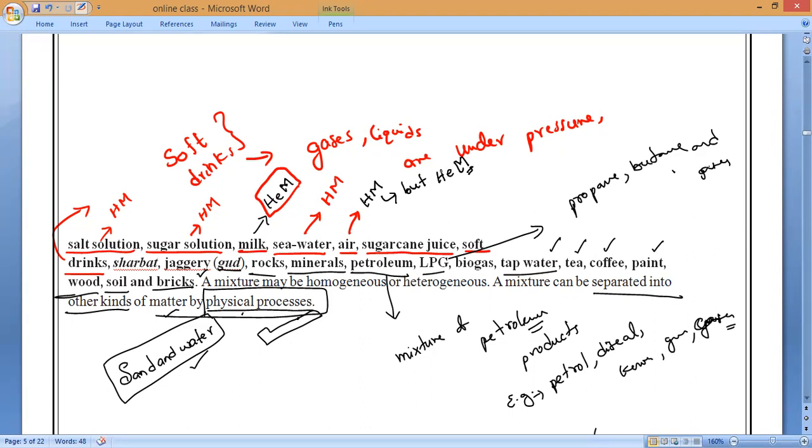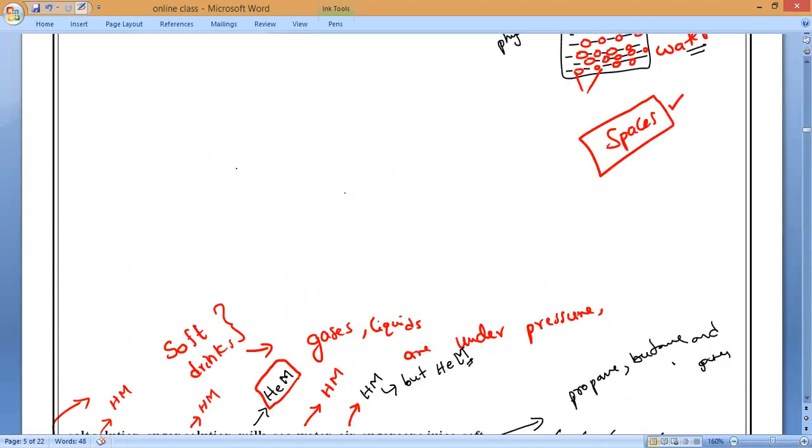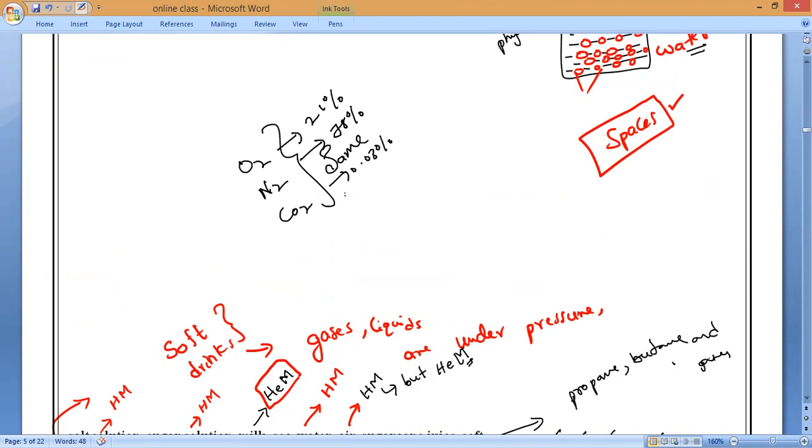Because of pollution. Remember, everywhere in air the oxygen percentage, nitrogen percentage and carbon dioxide percentage is the same: 21 percent, 78 percent, 0.03 percent and so on. But air also contains some other things, like water vapor, dust particles, etc. According to your textbook, air is a homogeneous mixture.